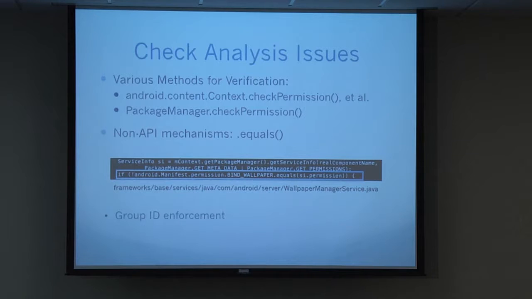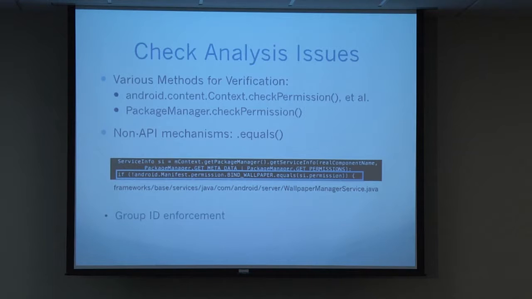And so what can happen is this case here, where they would do this service info object requested from the package manager, and they just do a dot equals to compare this bind wallpaper string to the string that gets returned from SI permission. So that's not like your standard PEP point. It's non-standard, non-conforming to the API.